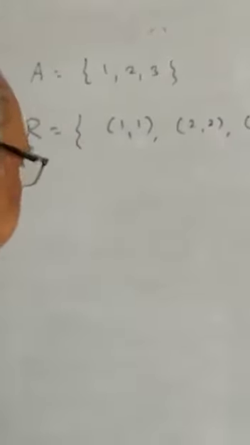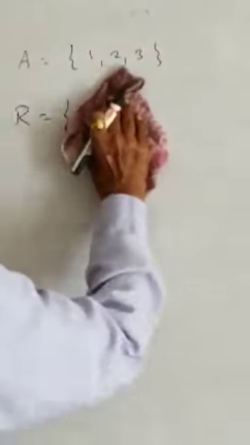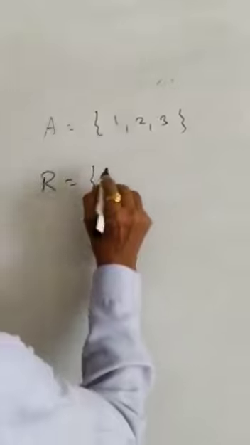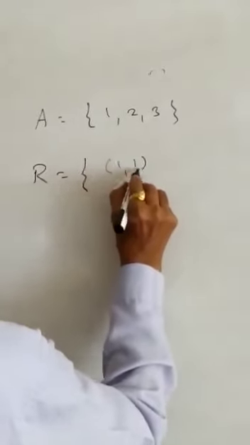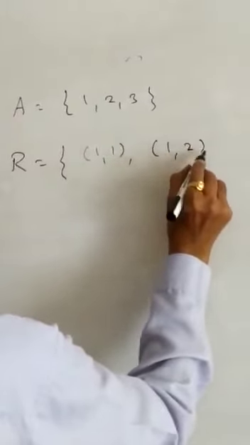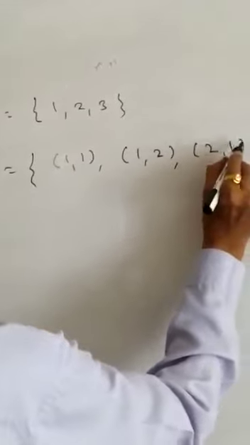As per example, suppose R is equal to {(1, 1), (1, 2), (2, 1)}. Now let us think about whether the relation is reflexive, symmetric, transitive or not.